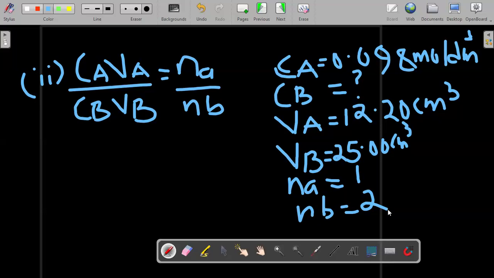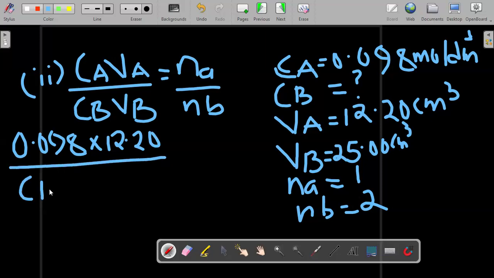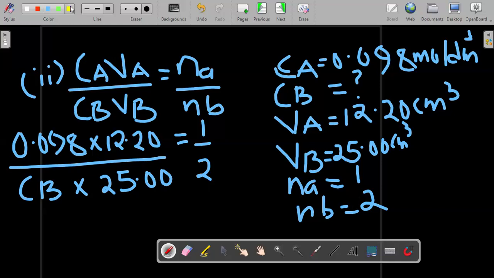So let me substitute them now: 0.098 in place of CA, my VA is 12.20, over my CB, which is what I'm looking for, my VB, the volume of the pipette, 25.00, equals 1 over 2. Like I said, it is forbidden to put this sign like this, but you and I know we are cross multiplying.